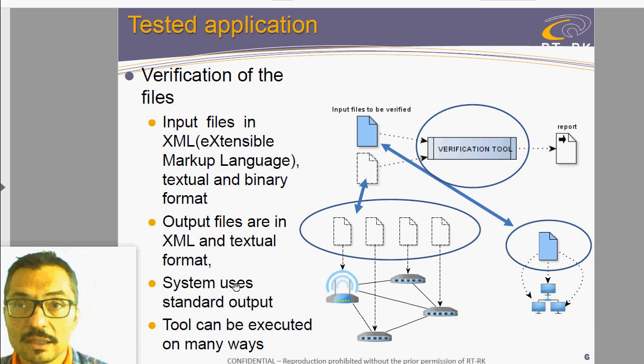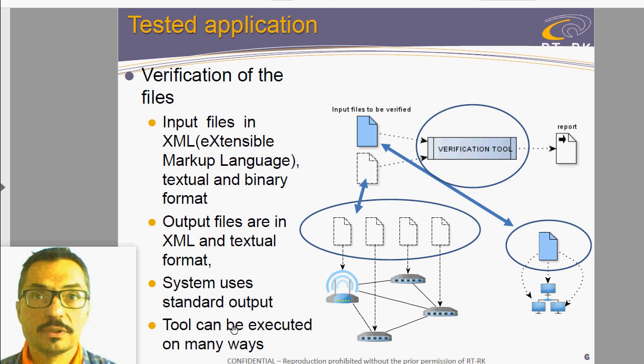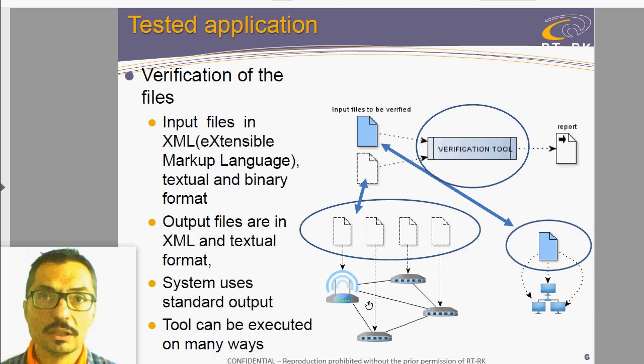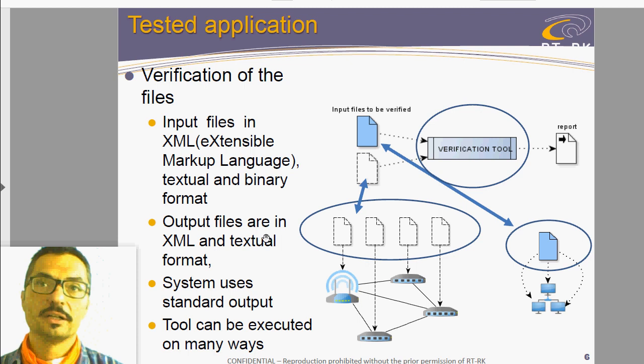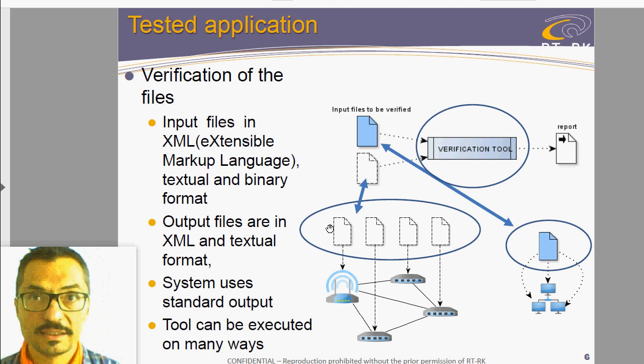Behind that, those files are either files that go into the network elements, such as files containing routing tables, schedulers, or firmware software for network devices, or files that define the network, configure it, or describe it. These kinds of files are verified by the tools that we are testing, and these files are XML files or binary files as well.